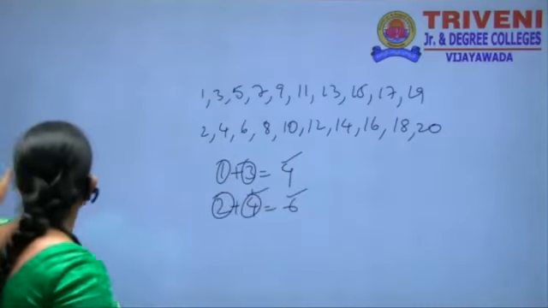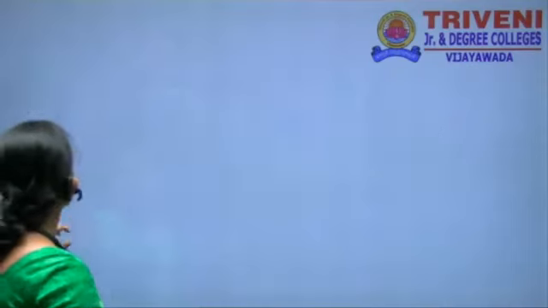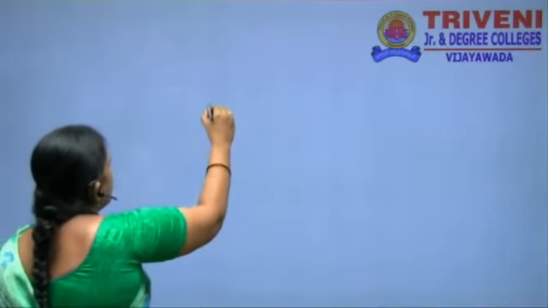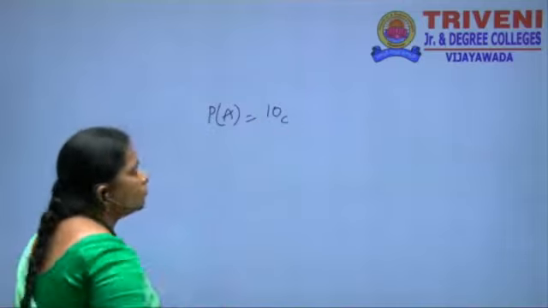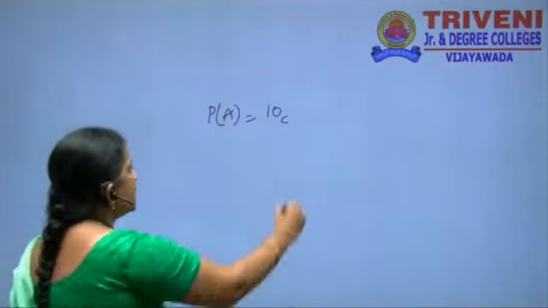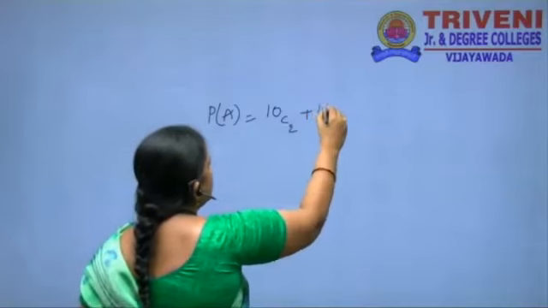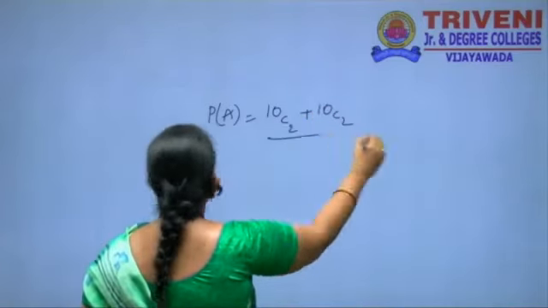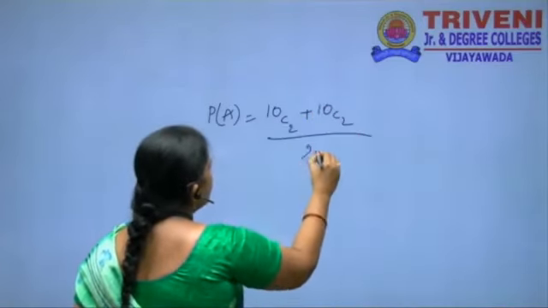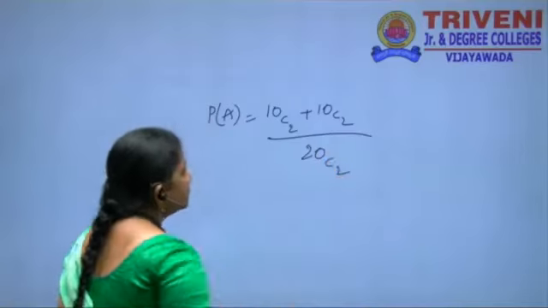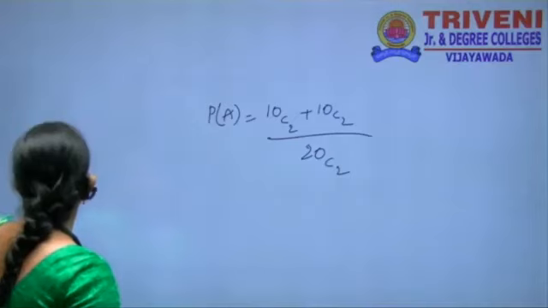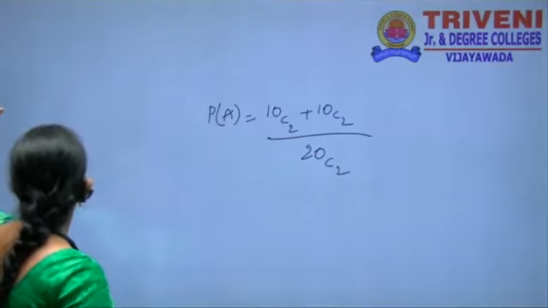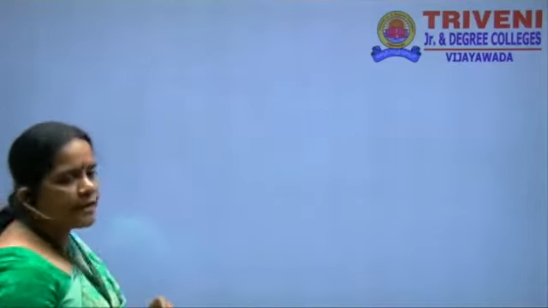That's why P(A) equals selecting two numbers from the even numbers or two numbers from the odd numbers, divided by the total 20C2.